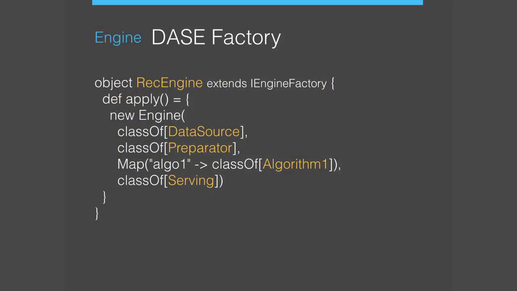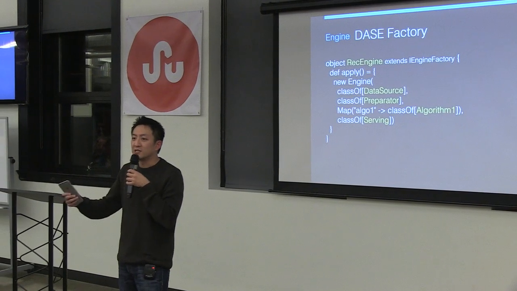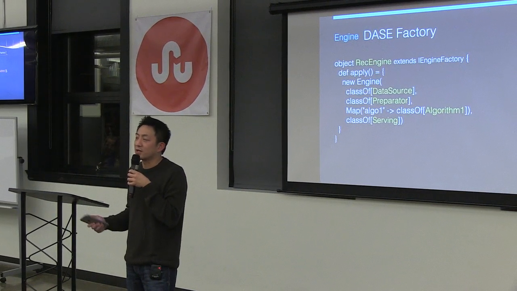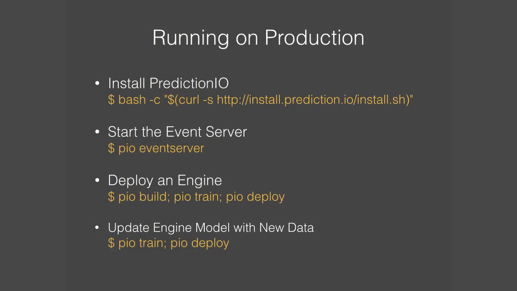This is the framework with Spark, with HBase, with Elasticsearch, with a separation of concerns for your development. And in the engine code, what brings all these DASE components together is a simple object called a factory, pointing to all the classes. And now you have already built a production deployable recommendation engine in Scala.